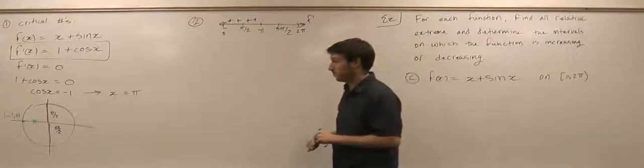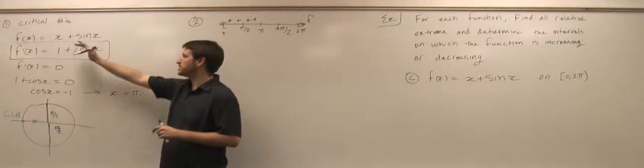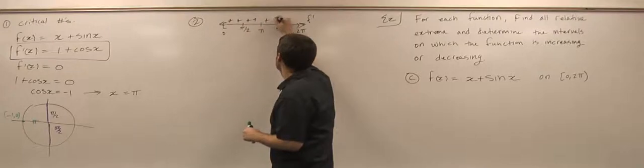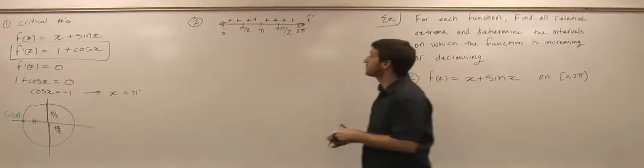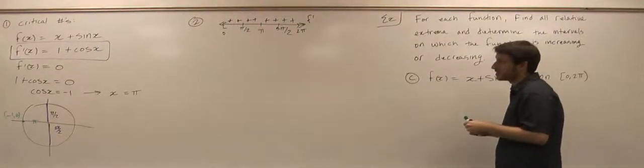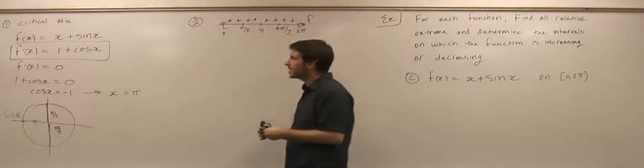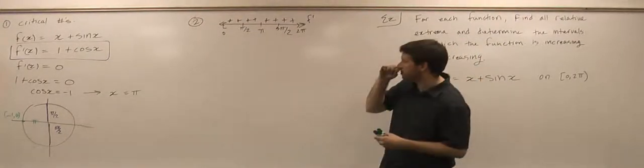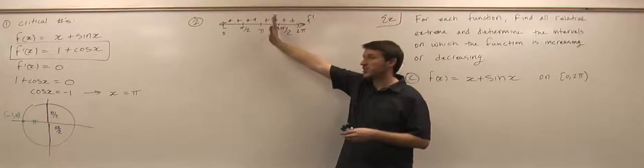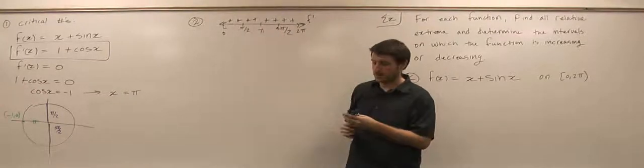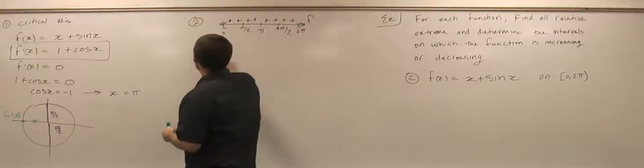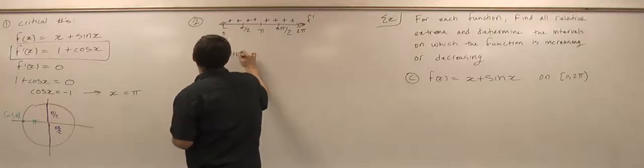Right? If I plug in 3 pi over 2, this is 1 again. So again, I'm getting a situation where I haven't changed from positive to negative. So as far as relative extrema go, what do I have? None.